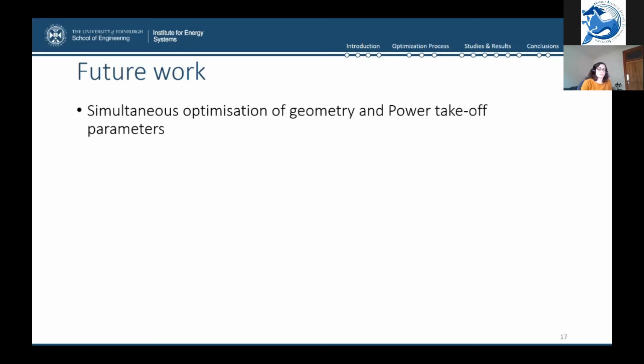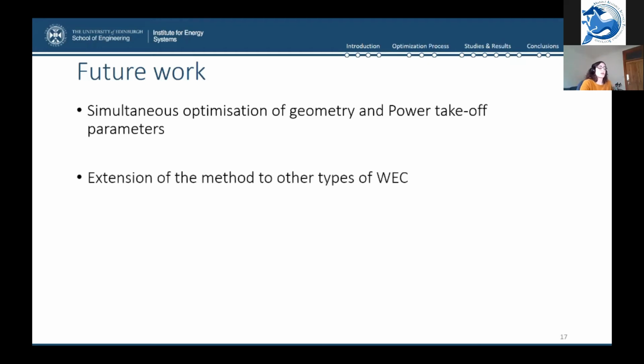However, the power takeoff system has a large impact on the system dynamics, and I had only considered an optimal power takeoff system. So the next step would be to optimize both of these components simultaneously so that geometry and power takeoff system parameters are optimized at the same time.